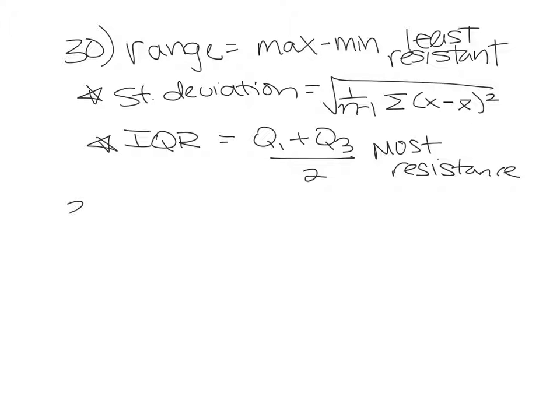All right, and then number 31. We can now address center with either mean or median, but never use both. When should we use the mean and when should we use the median? So we talked about this Monday in class, but let's go ahead and rehash that. So the mean is when it's symmetric or approximately normal, single peaked.